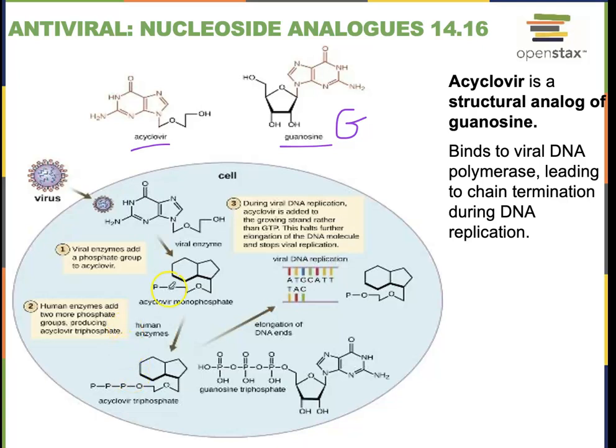So basically, when the virus gets in, the virus does some work. Again, not important, but we're going to create basically a really nice fake version of the letter G. And then when the virus wants to reproduce its genome, it will take the drug instead of an actual guanine.